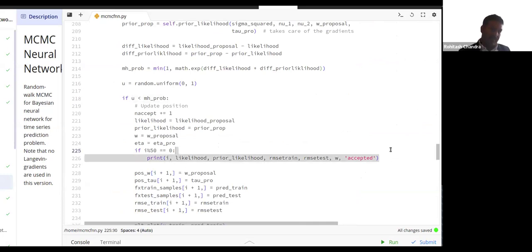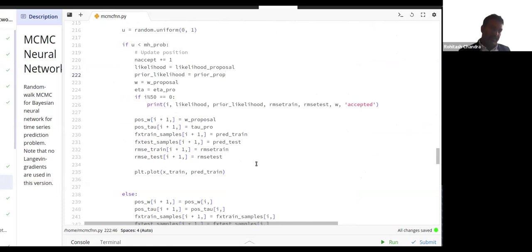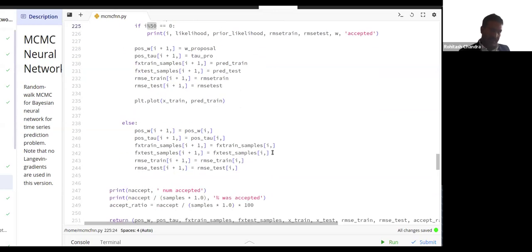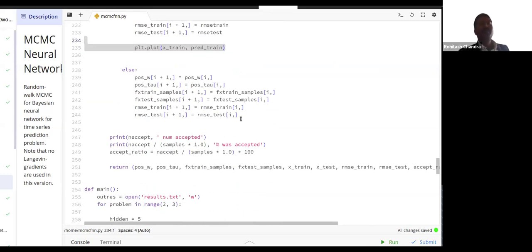If it is accepted, we print it out. If it is rejected, we do not say anything. So here we can see that we do the printing only when i modulus 50 is zero, meaning every 50th sample, okay? Because otherwise it becomes too many print statements. And as we are doing this, we are also trying to plot it.